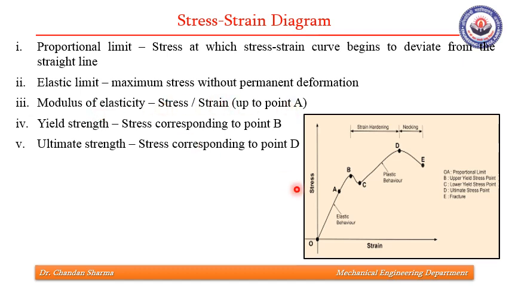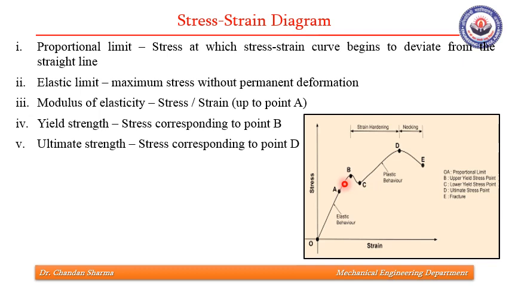If we increase the load, increase the stress beyond point A or beyond the elastic limit, permanent deformation starts. And if we now remove the load, the specimen will not regain its original shape and size. So we can say that yielding has started.